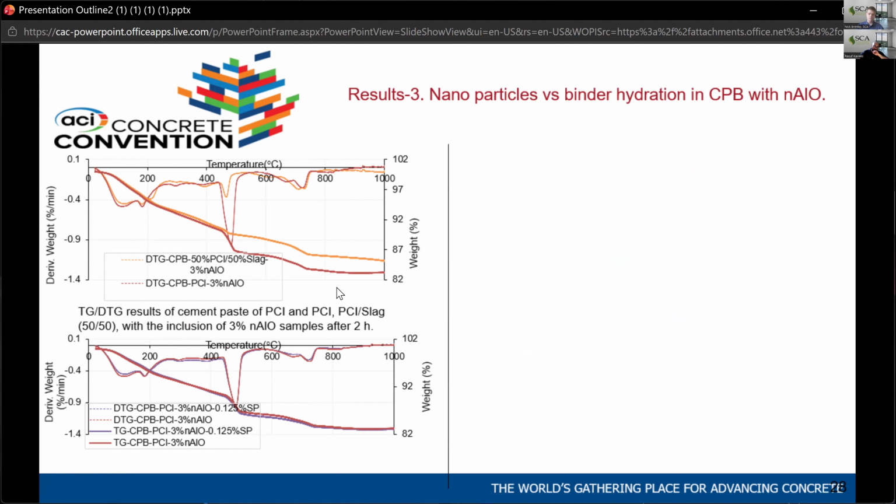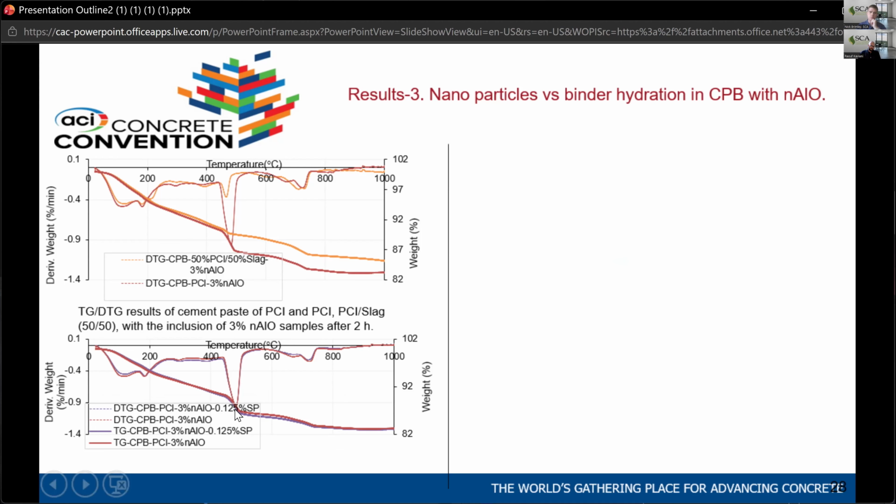Now this one is for aluminum, which also aligns with what we assumed, that when you add the slag, there is less hydration. The orange one is samples with 50% of slag, which has less hydration, rather than the red one, which has no slag.